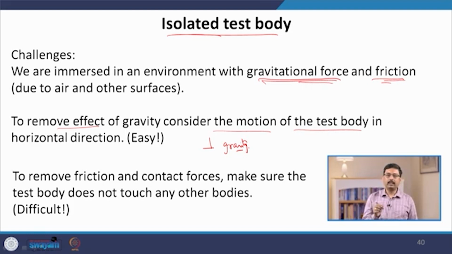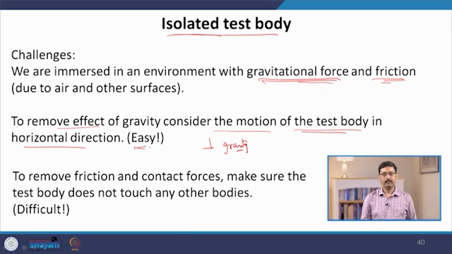So, if you consider a direction perpendicular to the vertical, that is the horizontal direction, then gravity has no component in the horizontal direction. So, there is no force of gravity if the test body moves in a horizontal direction.